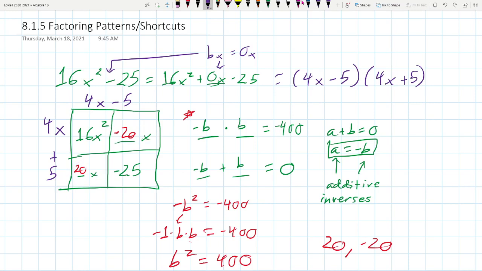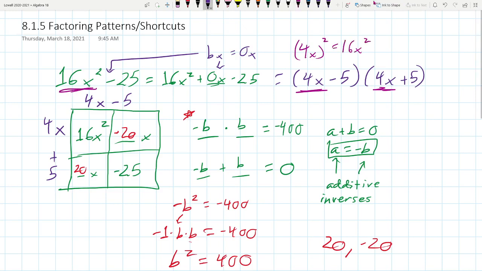This happens when we notice the terms in the factored form, in the factors and in the sum. Check this out. When I look at 4x and 4x, well, 4x squared, that whole thing, is equal to 16x squared.